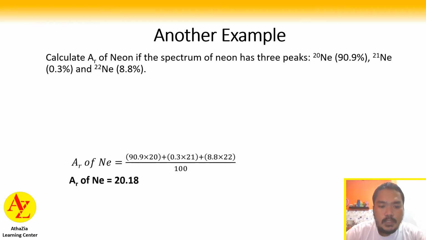It's the same formula. Each mass is multiplied by its abundance, and then we add them together and divide by 100. The result is 20.18, as written in the periodic table.